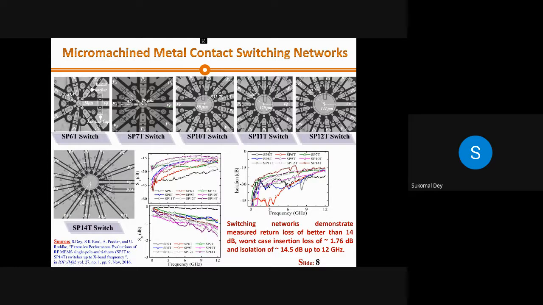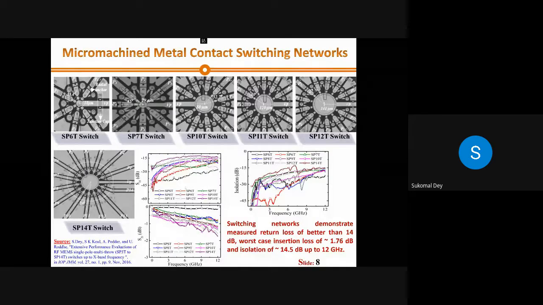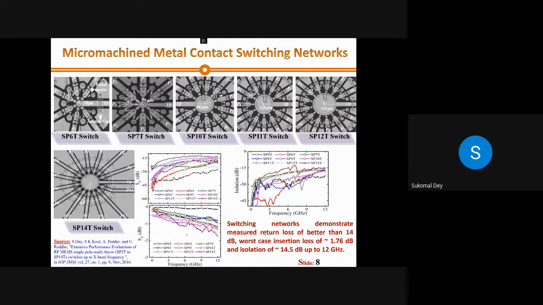When a particular switch is activated, the entire signal will go to that particular path from P1 to P14. You can see a comparison between all these responses in terms of matching, isolation and insertion loss. It was tested up to X band, that is 12 gigahertz, and it gives a performance like an insertion loss of 1.76 dB.